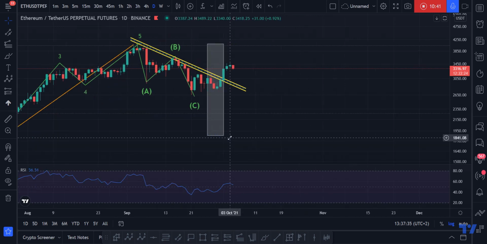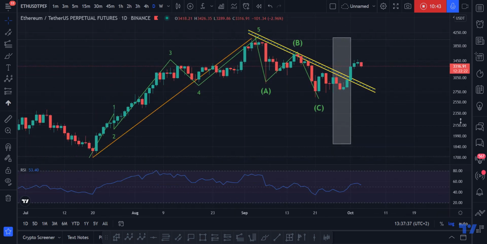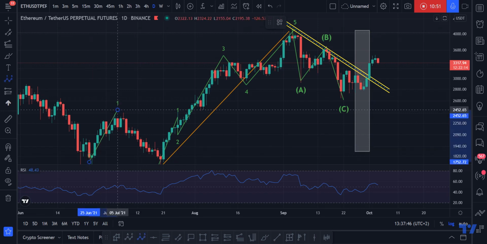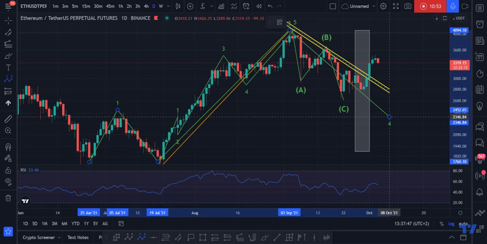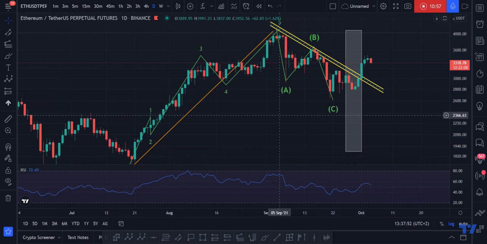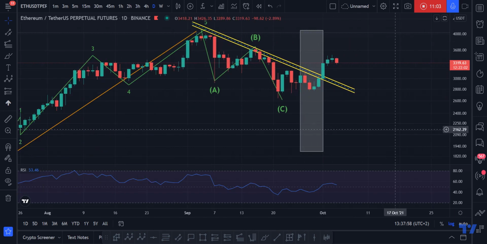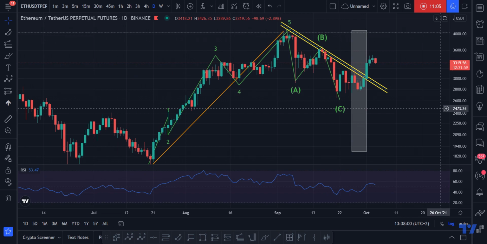It is unacceptable to think, this can be something and this may be something, or maybe I do it this way, as a fourth and as a fifth, or maybe I do it something else. Maybe this is not a correction. Maybe this is the start of something bigger to the downside. No, you must see something.